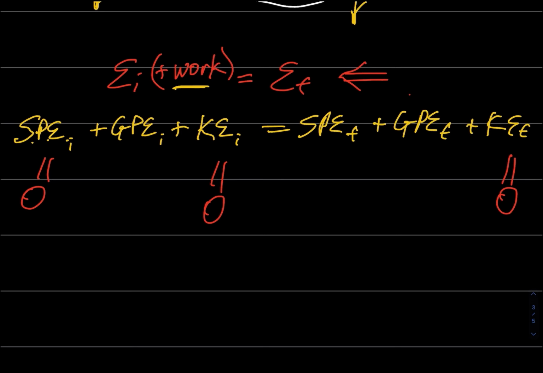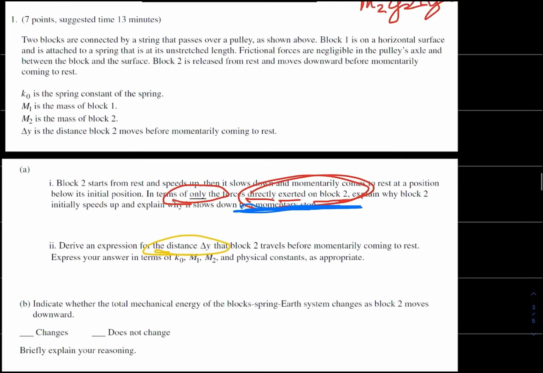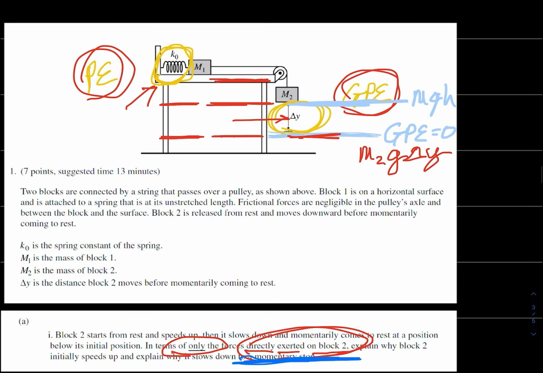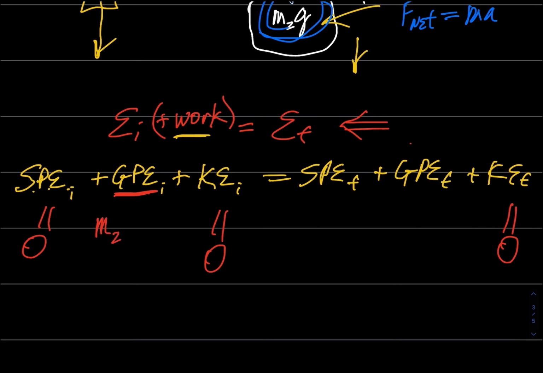So the gravitational potential energy to start, we said was going to be m2 g times delta y, because it's mgh, because our reference plane is down where it stops. So the gravitational potential energy is the mass that's moving times g times the h, which is delta y.